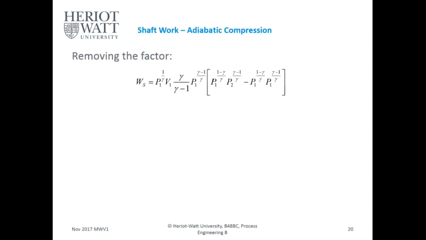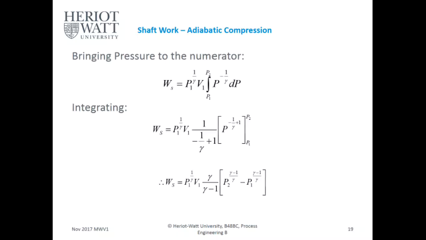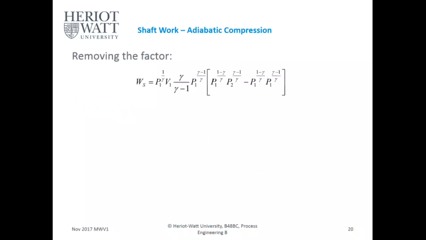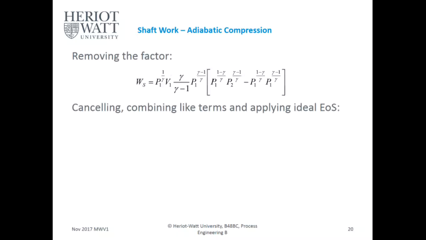So, if we want to remove the factor, we're just going to manipulate that equation algebraically to get it into a new form that we can use. So we took out the factor P1^((gamma-1)/gamma), canceling and combining like terms and applying the ideal equation of state.